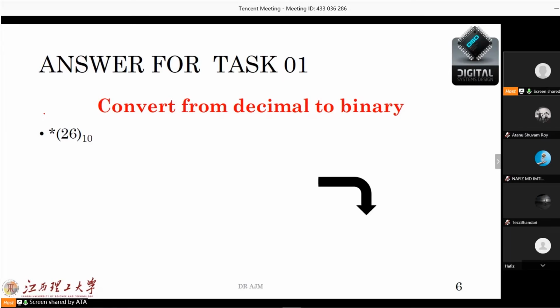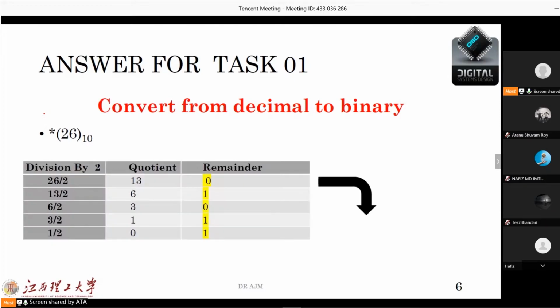I will take my number and I will see the base. Suppose my number is 26. My base is binary, meaning 2. Then I should divide it by 2. How many times should I divide? It's no end. You can divide many times.